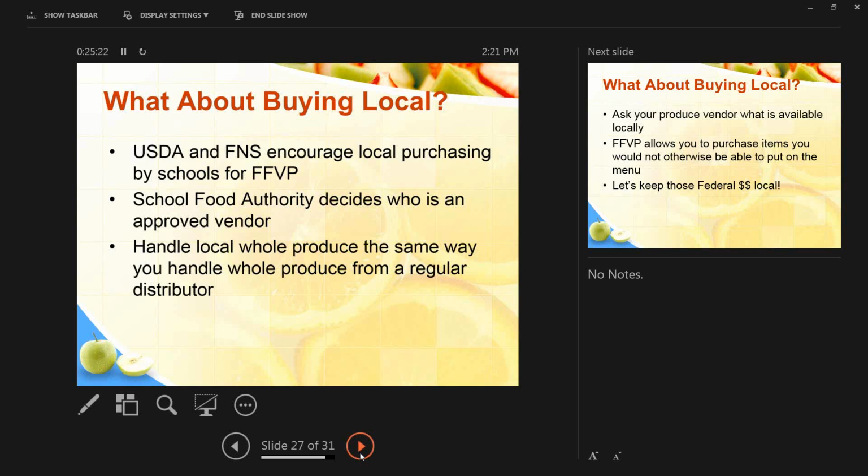And you just want to handle local produce the same way as you would handle whole produce from a regular distributor. So if you did work directly with a farmer to purchase product, or even if you got local produce from your distributor, you just handle that the same way you would any other produce in terms of handling it properly, sanitizing surfaces when chopping and preparing, and keeping it refrigerated.